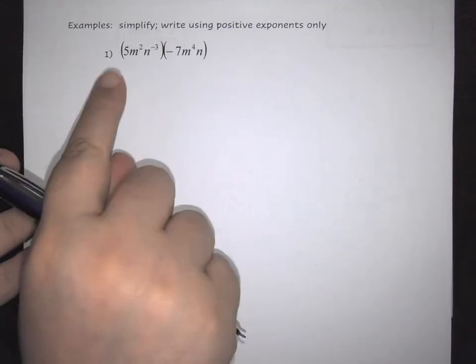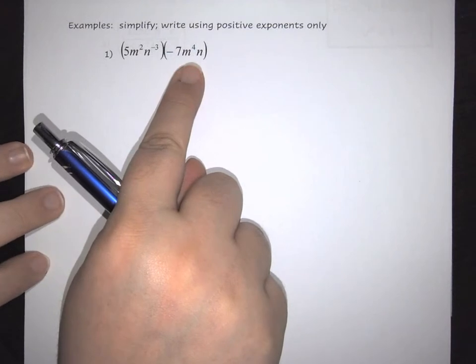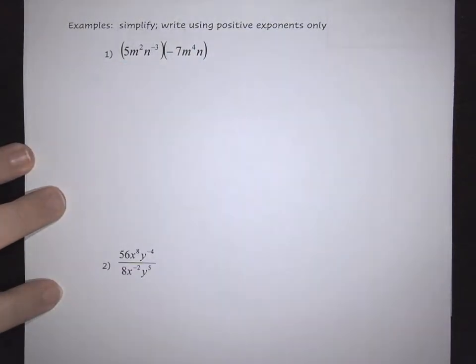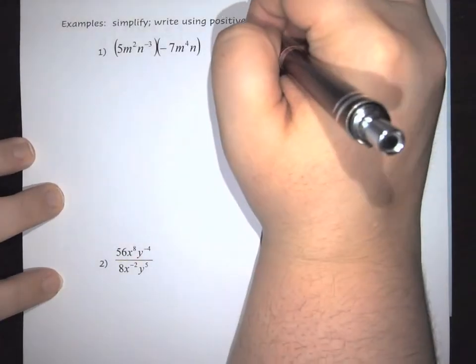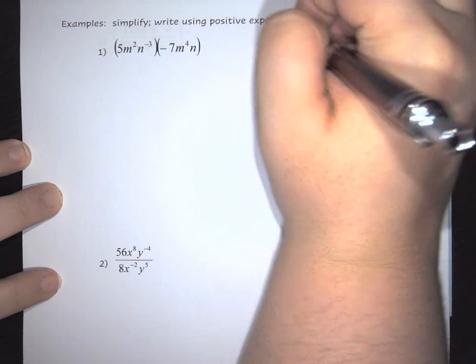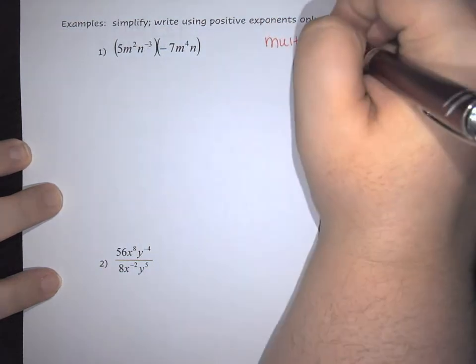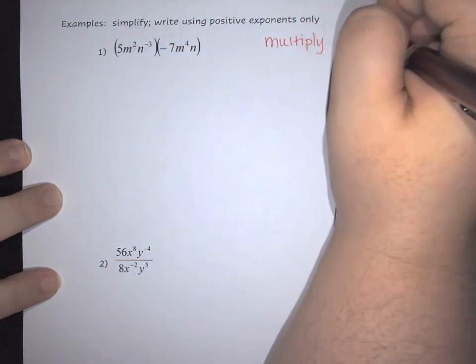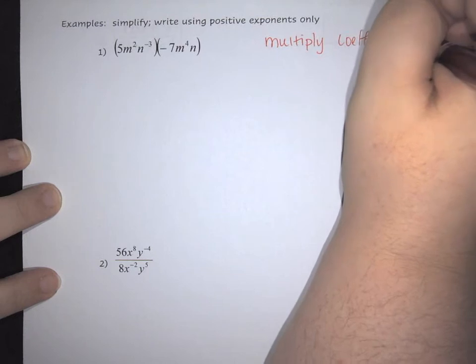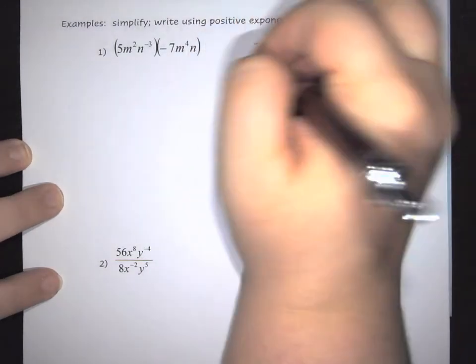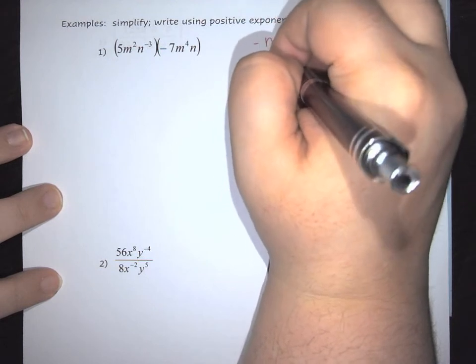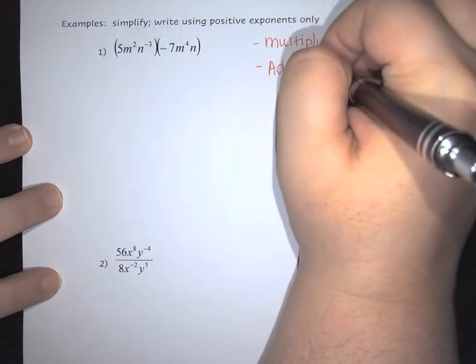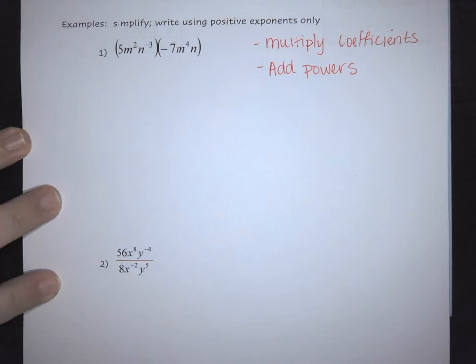So if we look at these two here, the first rule that we are going to work with is we have to multiply the coefficients, we then have to add the powers, and see where we stand.